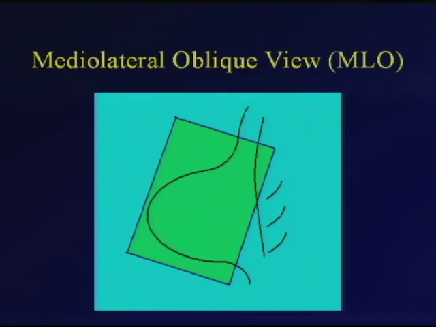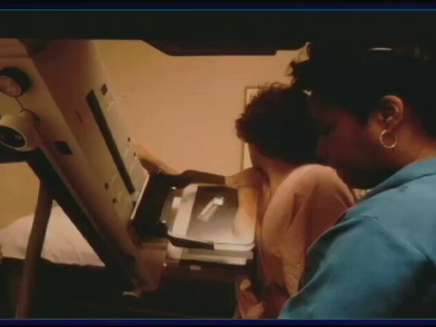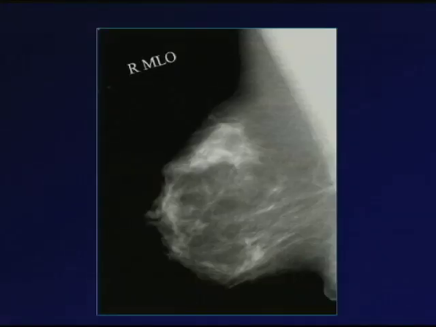And this is a schematic showing how that is accomplished. And here we see a patient with her breast in compression, and you can see that the bucky is tilted at about a 45-degree angle. And this is a mammogram showing the MLO view.